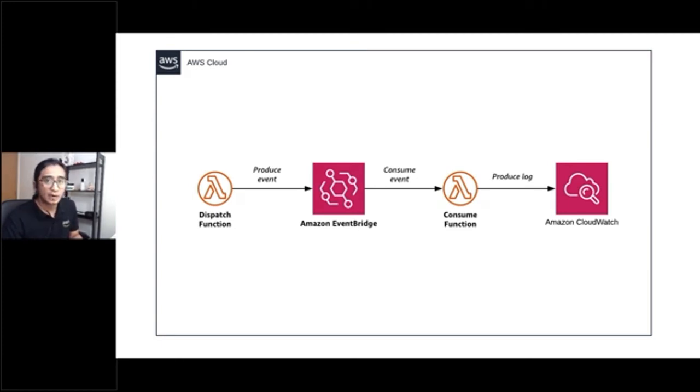Now we're going to use Amazon EventBridge for that. And once Amazon EventBridge dispatches that event, it will try to send it to our second Lambda function. And once the second Lambda function receives an event, it will print the log into CloudWatch logs. Well, pretty simple, isn't it?